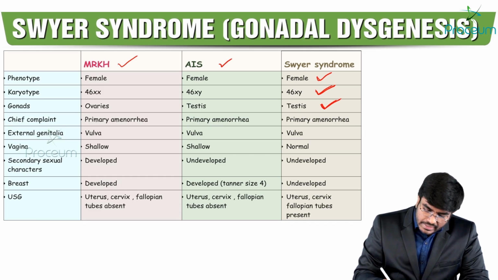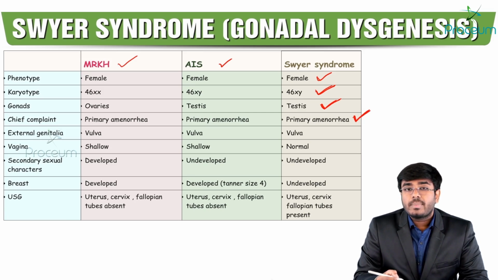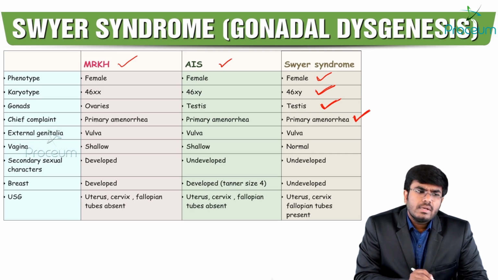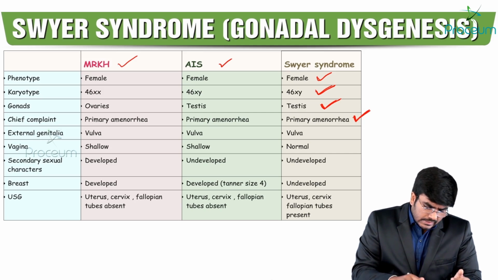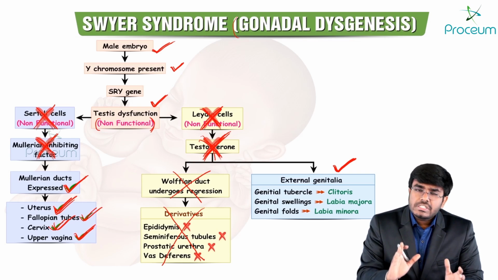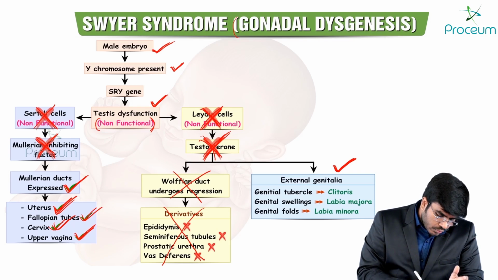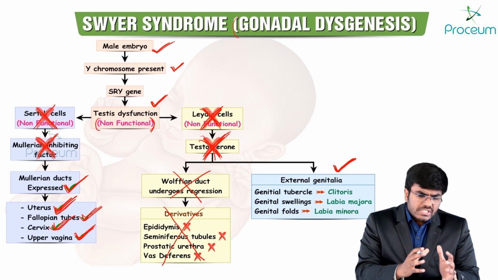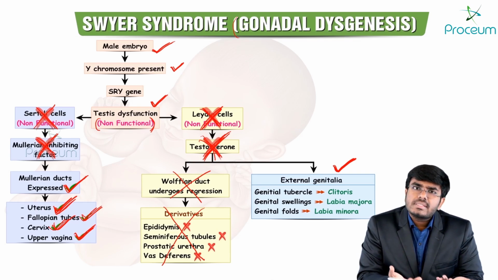Now, what is the chief complaint? Again, primary amenorrhea. So these females are also going to come to the clinic with the chief complaint of primary amenorrhea. Why primary amenorrhea, guys? You might ask me that Swyer syndrome is a condition where there is uterus, fallopian tube, cervix, and upper vagina. So, she can have a normal menses?